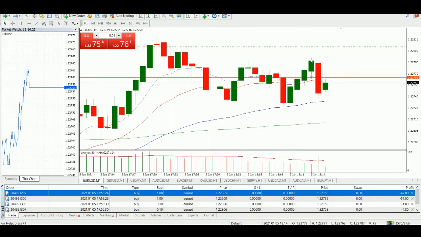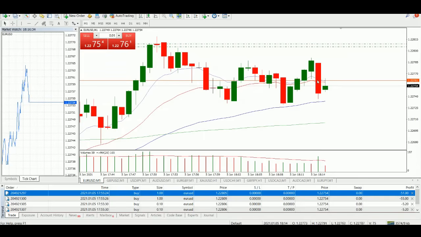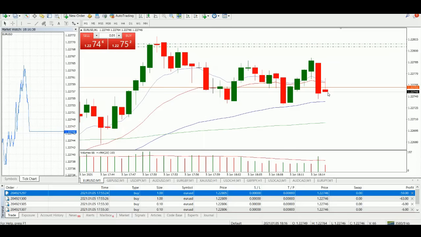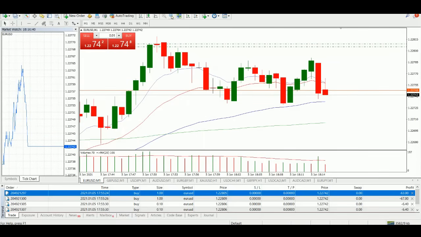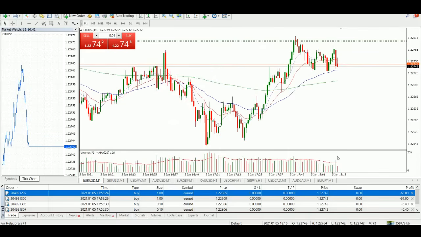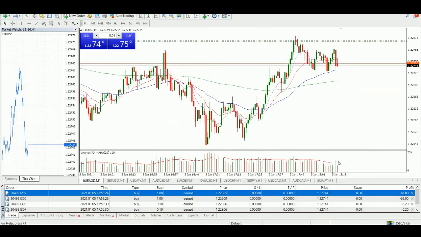So sellers entered from there to take price toward EMAs again, but buyers were here to reject the sellers in a big volume to take the price up again. So now we were missing the volume sign, and now we have it. Let's wait to see what the market is going to do.